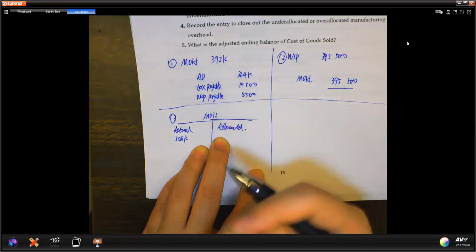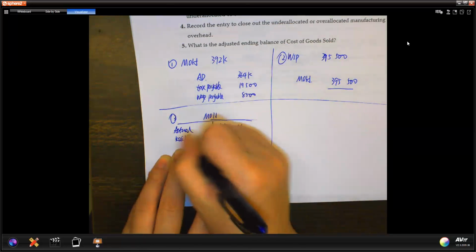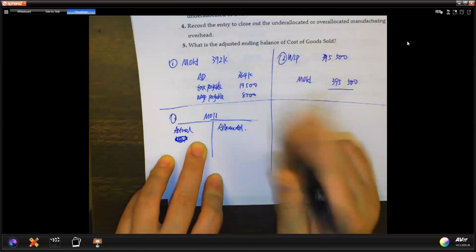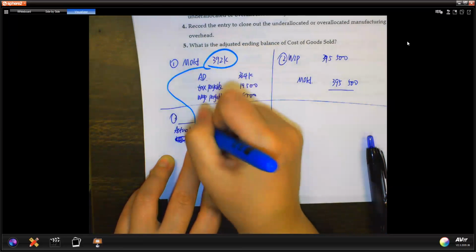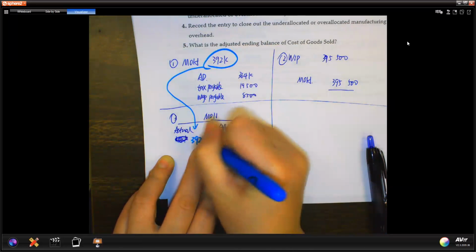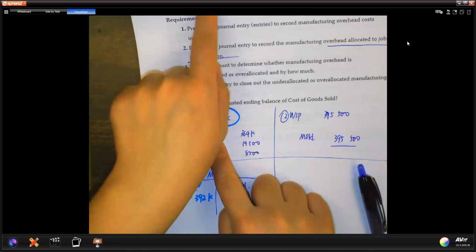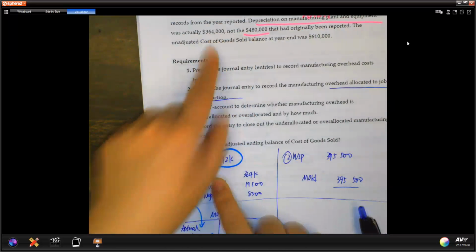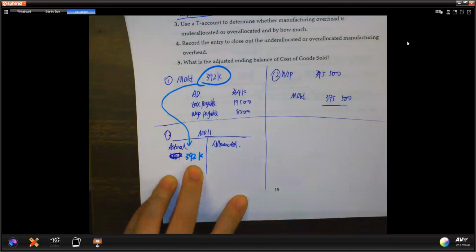Hold on. Sorry. Your actual now is the new amount. Sorry about that. I made a mistake. So now your actual is 392,000, right? It's 392 because they changed the accumulated depreciation from 480 to 364,000. So now your new manufacturing overhead is 392,000.